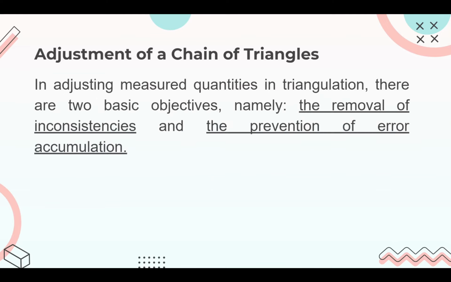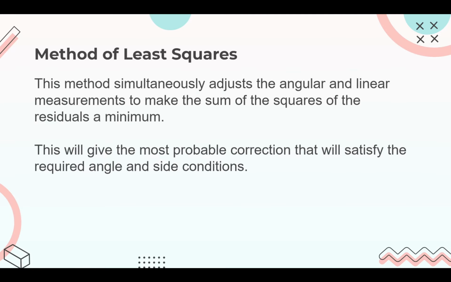There are two basic objectives in adjusting measured quantities in triangulation, namely the removal of inconsistencies and the prevention of error accumulation. The adjustment of the data may be undertaken by the exact method called the method of least squares or by the approximate method of least squares.